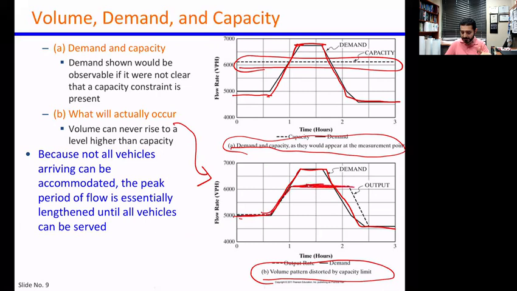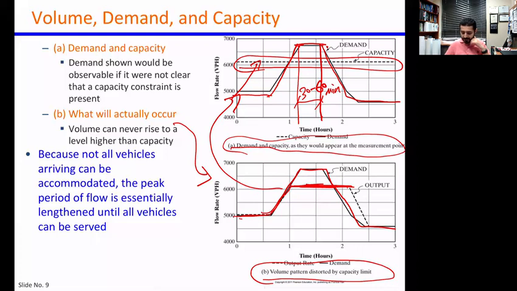The maximum is the capacity, the 6,000 from this picture right here. So we're going to reach our capacity for an extended amount of time. Theoretically it should last, let's say, somewhere between 30 to 60 minutes, where the demand is higher than the capacity. In fact, that's not going to be the case.